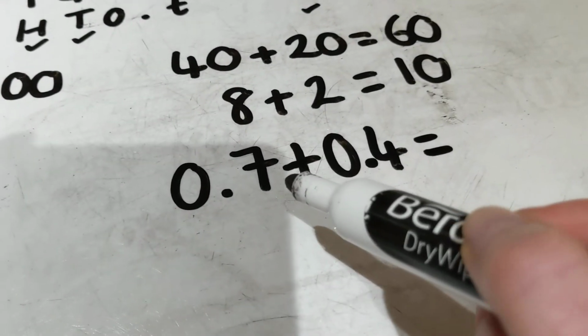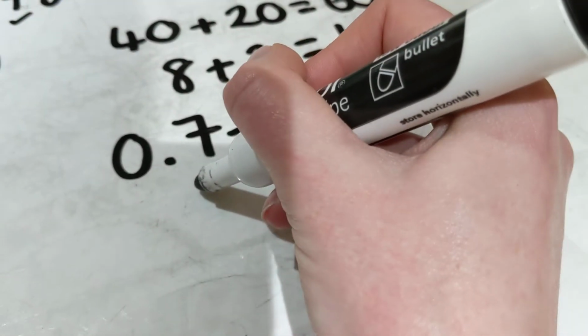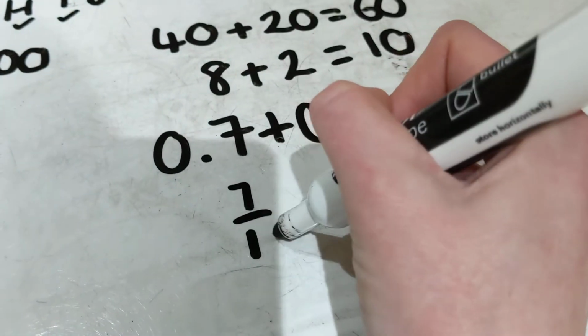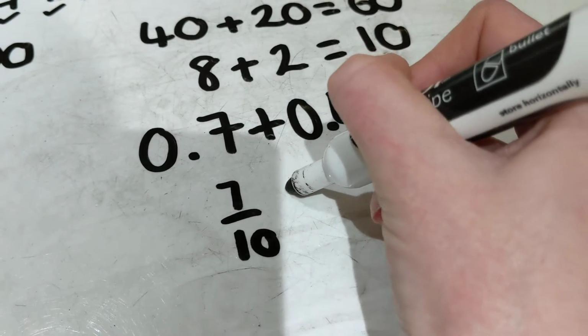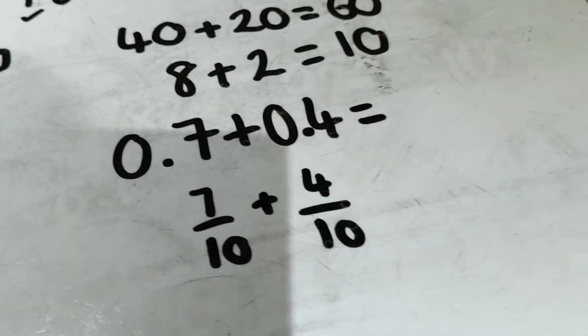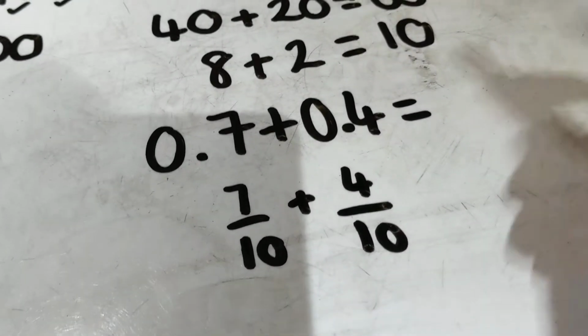So this time, if I've got 7 tenths, remember that that's what that means. So we could write it as a fraction, like 7 tenths and 4 tenths. Okay, so this is just another way to write it out. It means exactly the same thing.